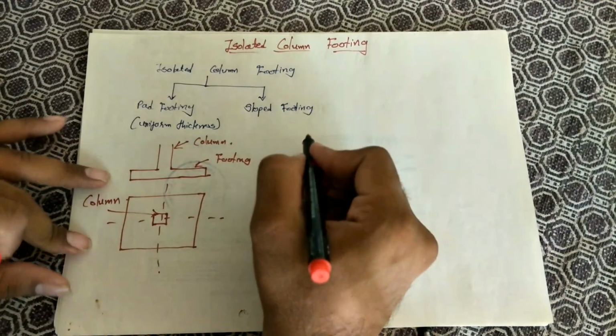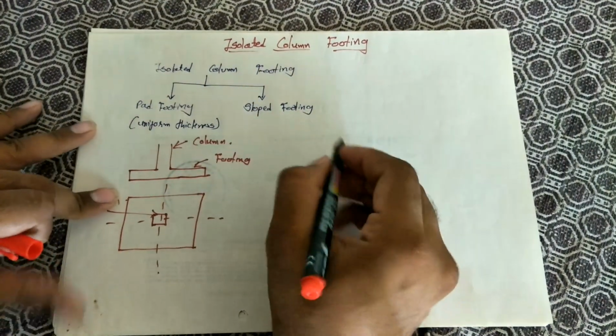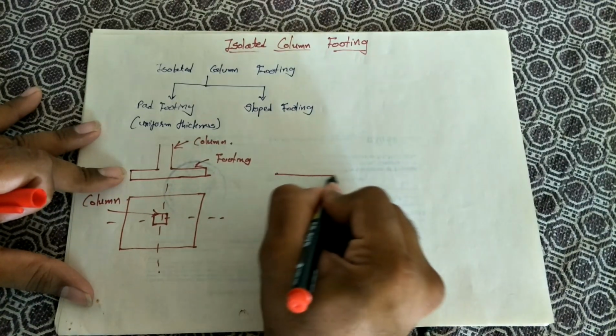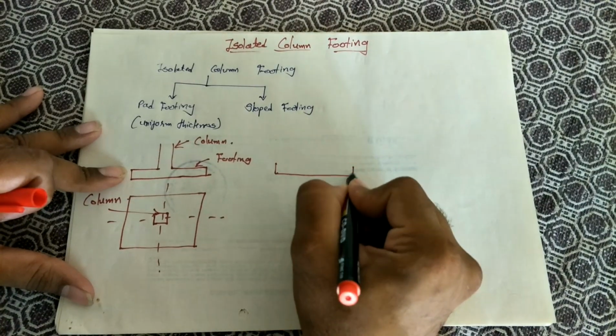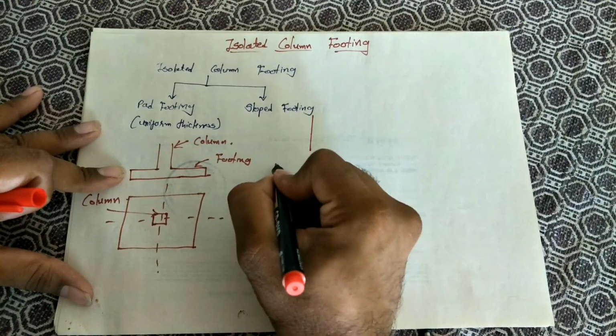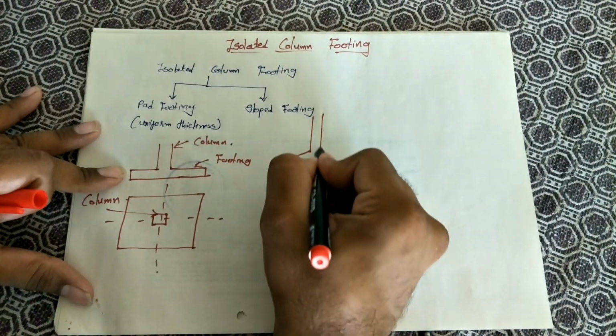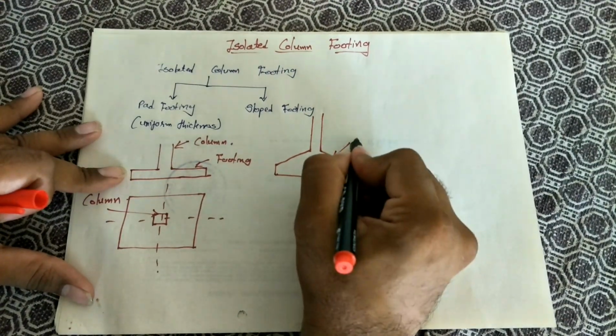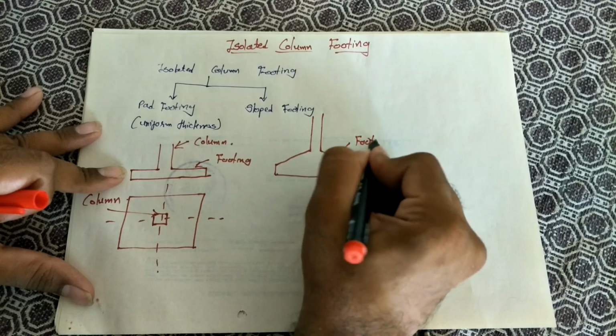Now what about your sloped footing? Slope means there is a slope. So if I draw the elevation, this is your footing.